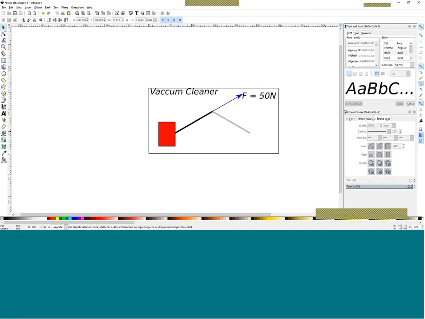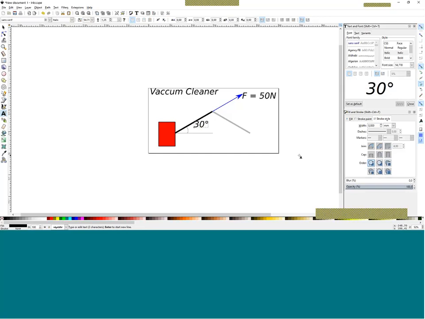And the angle from here to the horizontal line is about 30 degrees.